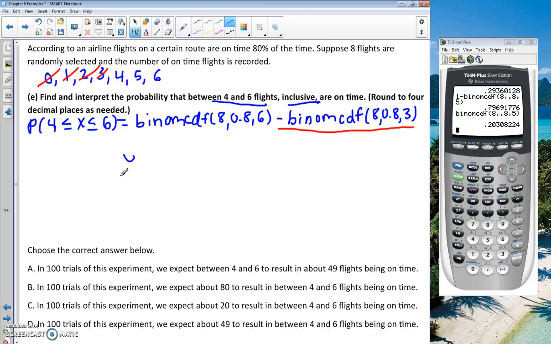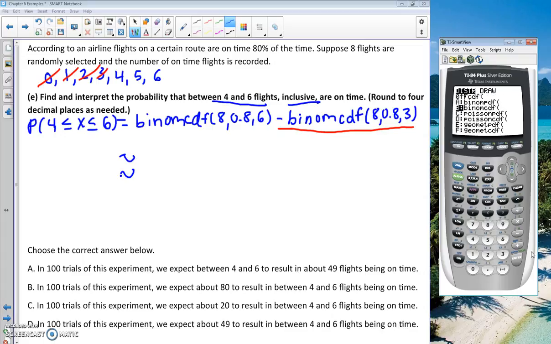So I'll do that here. Distribution, which is always the top one, and then binomial CDF, 8, comma, 0.8, comma, 6, minus another binomial CDF with the bottom number minus 1, which is 3.